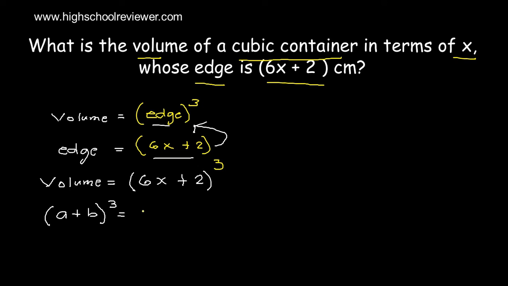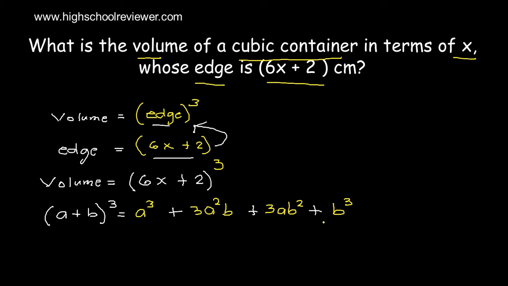The formula for this is the cube of the first term plus 3 multiplied by the square of the first term multiplied by the second term plus 3 multiplied by the first term multiplied by the square of the second term plus the cube of the second term.